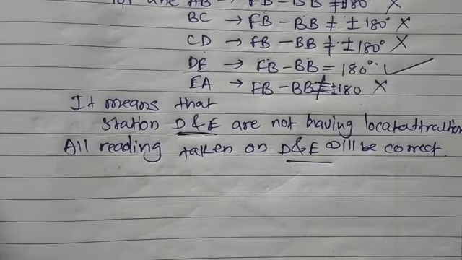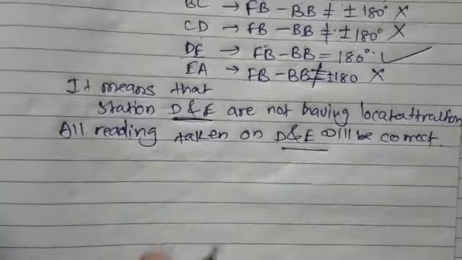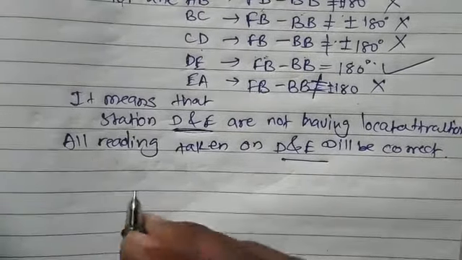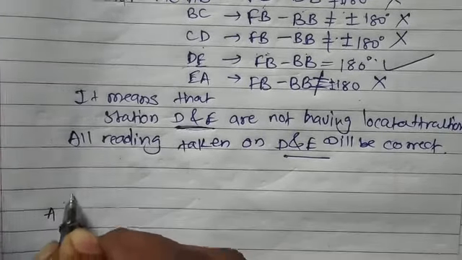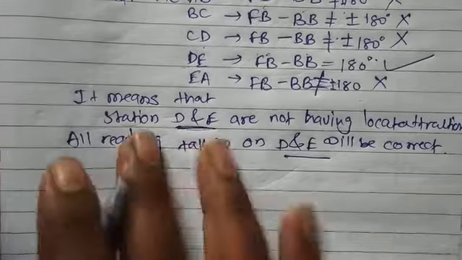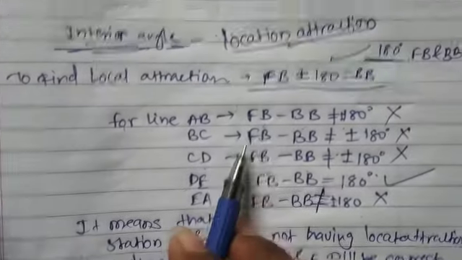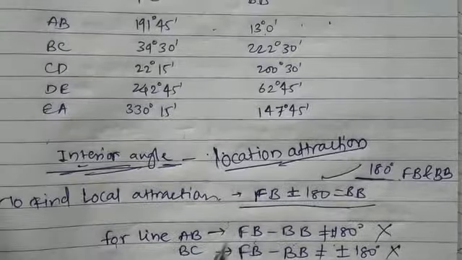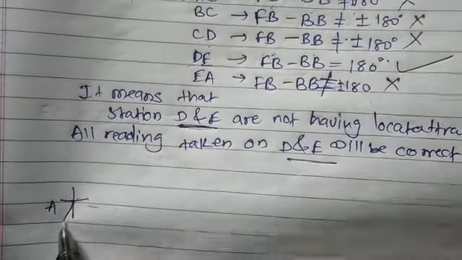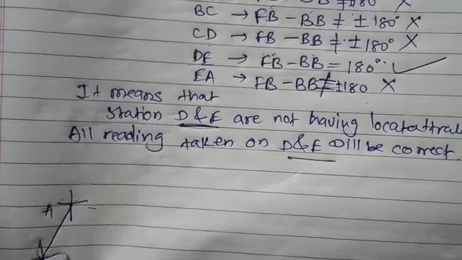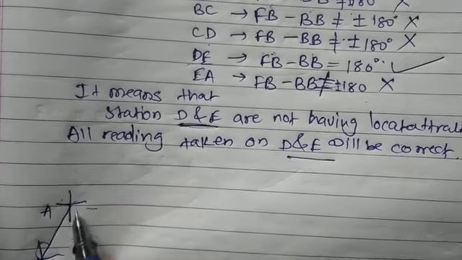Now we know that, for example, this is line AB. For line AB the fore bearing is 191 degrees, so it will be in the third quadrant, and the back bearing will be in the first quadrant.